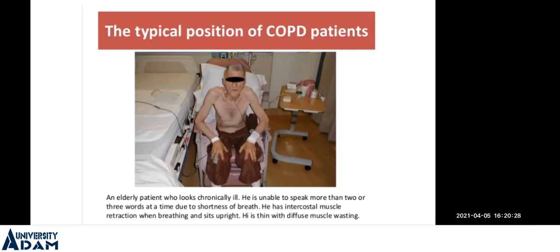Okay guys, that's why don't smoke. If you smoke for a long time, 15, 20, 25 years, you will be a patient like this man. So stop smoking. Really, smoking is very bad for health.